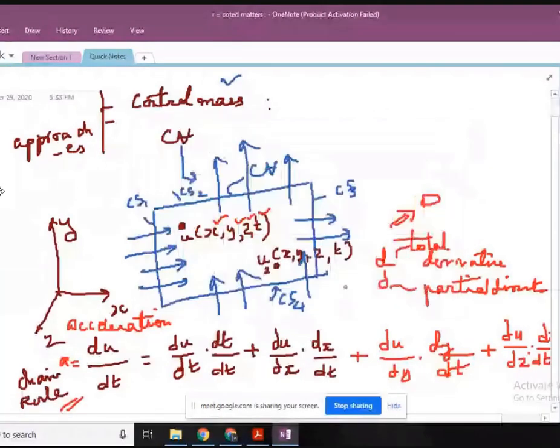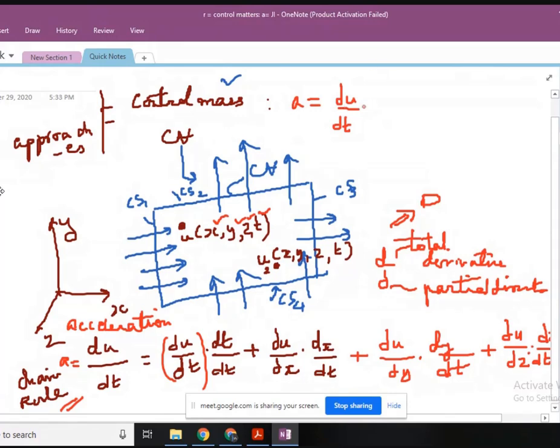Okay, so let us look one by one at all these terms, du by dt. Let me write this. The acceleration which I was trying to find is also another field. Velocity is distributed in this domain, so I called it the velocity field. Similarly, acceleration is also distributed in this domain, so I can say acceleration field.